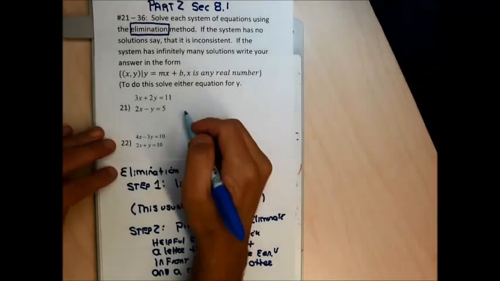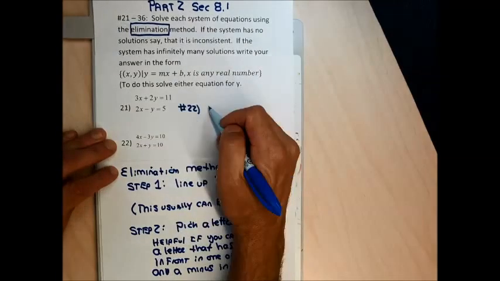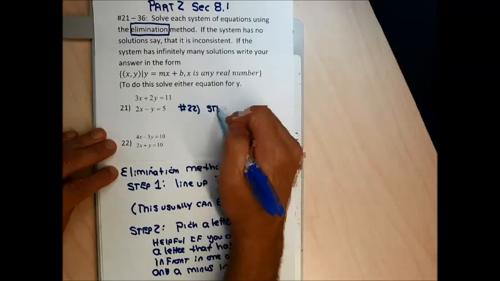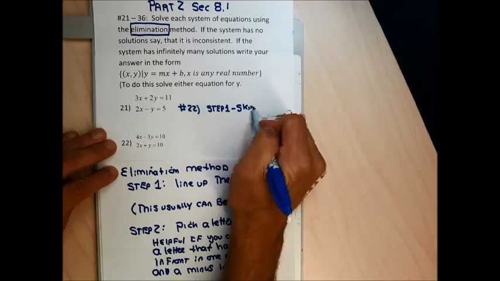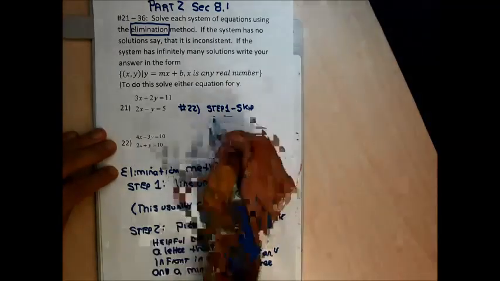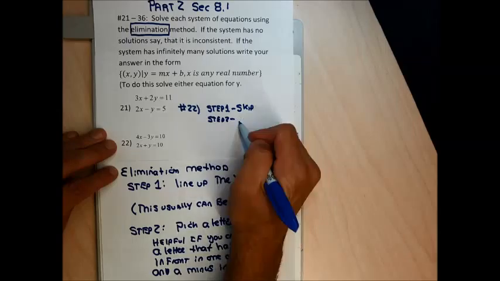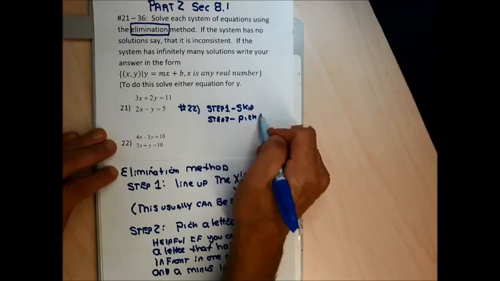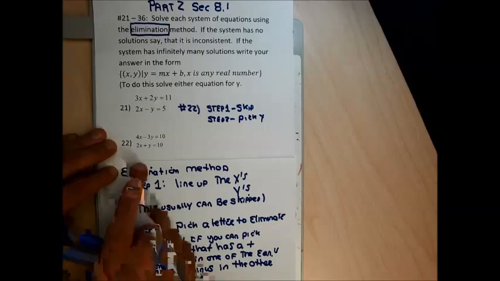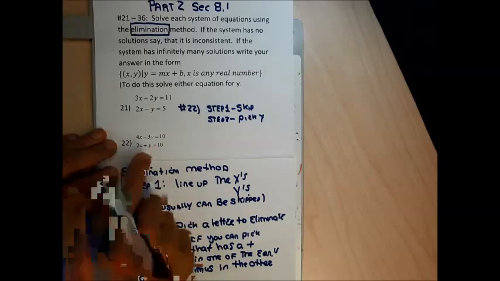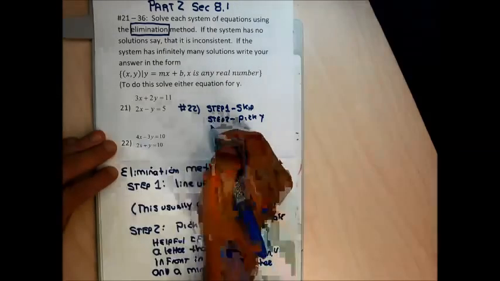So when I'm going to do number 22, my step 1 can be skipped because the x's and the y's are lined up. My step 2, I'm going to pick a letter. And I'm going to pick the letter y to eliminate. The reason is because it has a negative in the top equation, a positive in the bottom equation. Step 3.